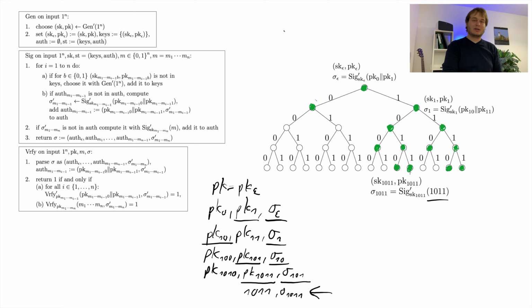So just to make the next part a bit easier, I'll mark in the tree which signatures we've actually revealed in this scenario where we have signed 1011 and 1110.